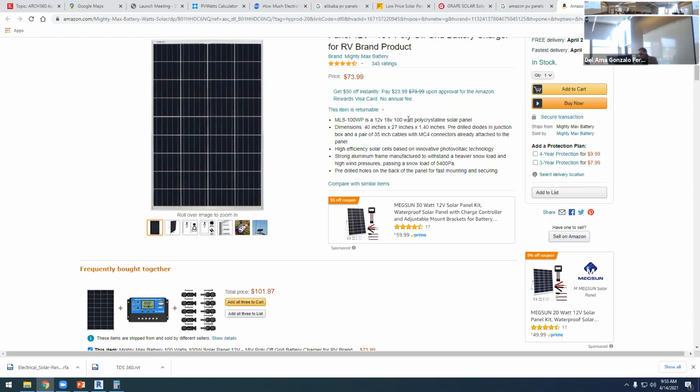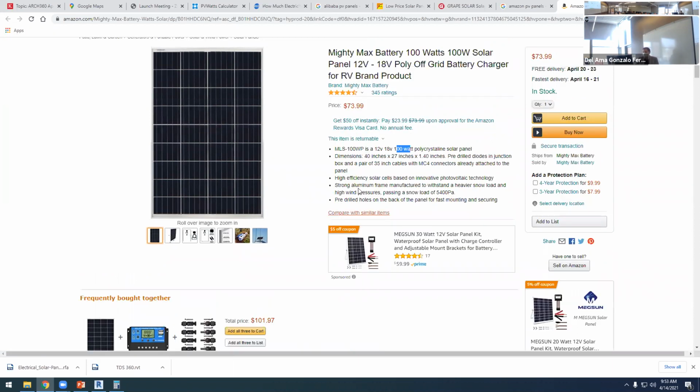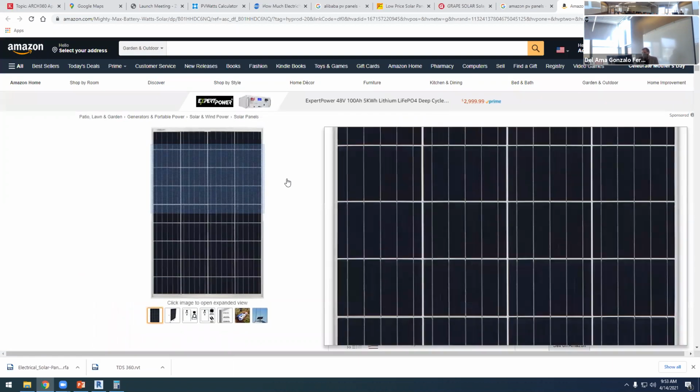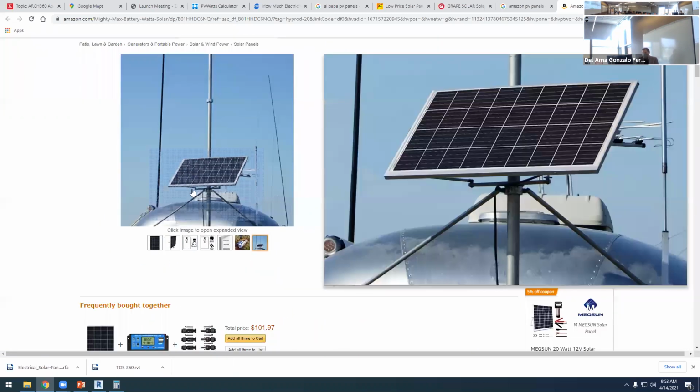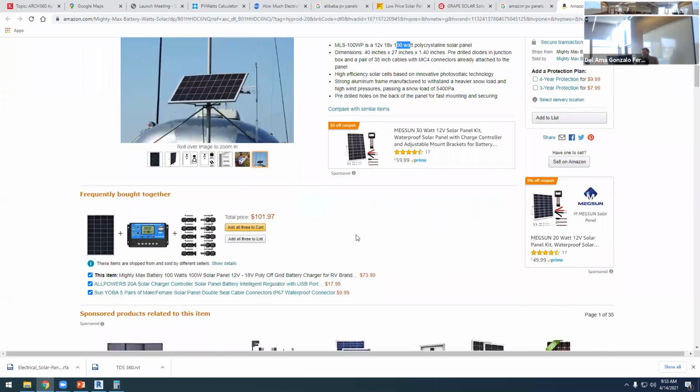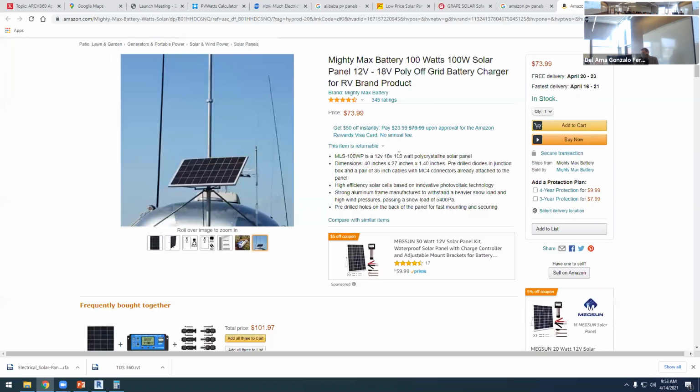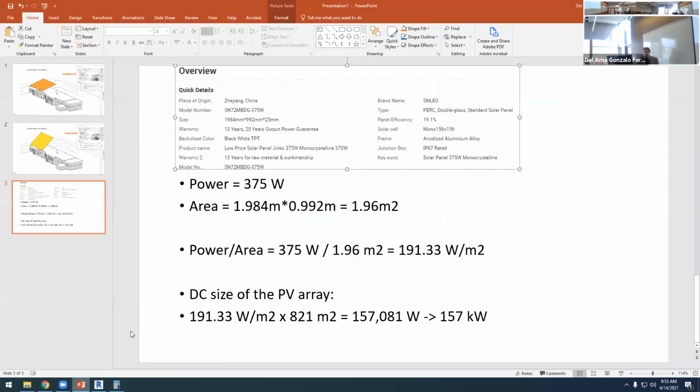Okay, so that's why we need the watt per square meter or per unit of area, square inch. But you have to Google, you have to decide on one panel, and then you have to let me know the dimensions and the expected PV production. And then we can start comparing things.